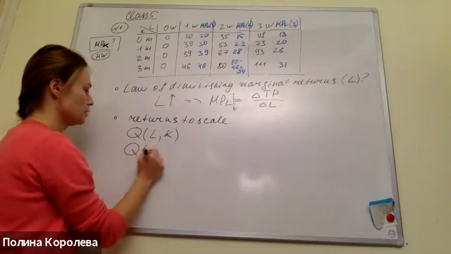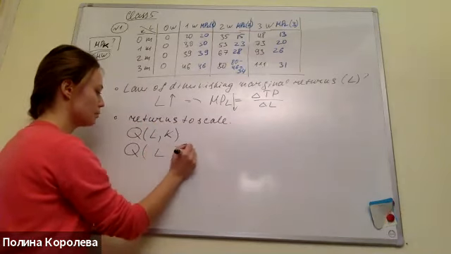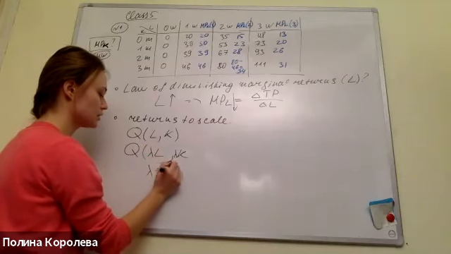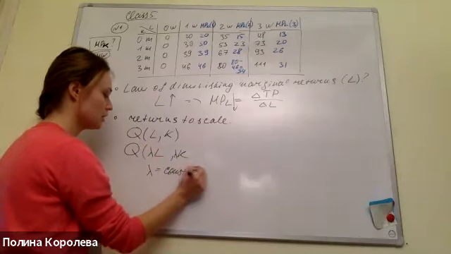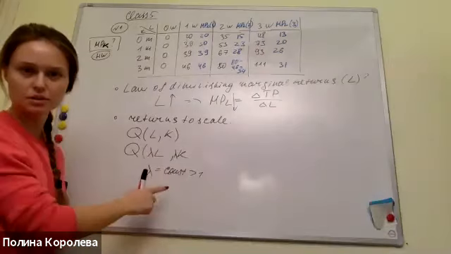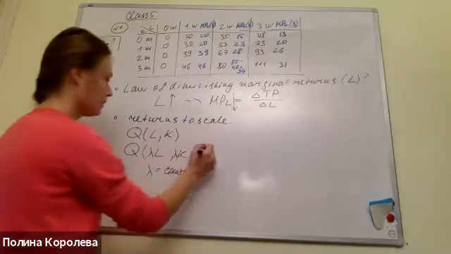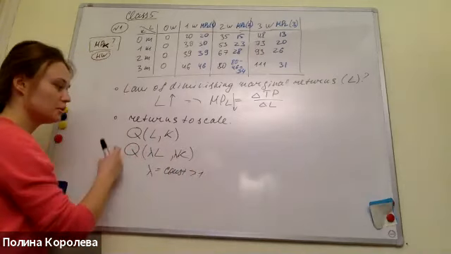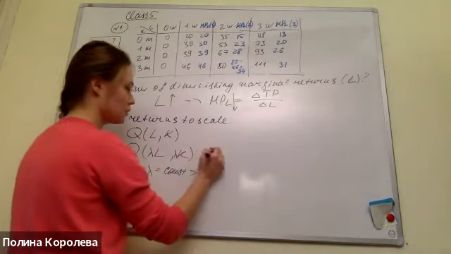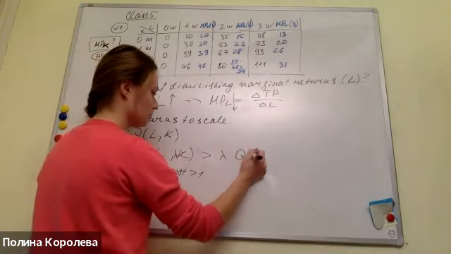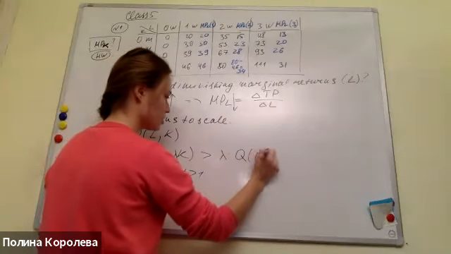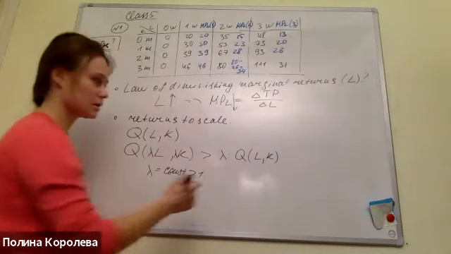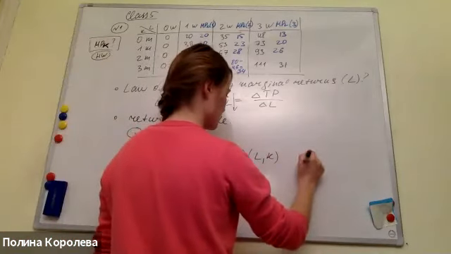And if we increase labor and capital lambda times, where lambda is some constant greater than 0, so we increase, not decrease, and our new amount produced is greater than lambda times the previous production, that means we have increasing returns to scale.